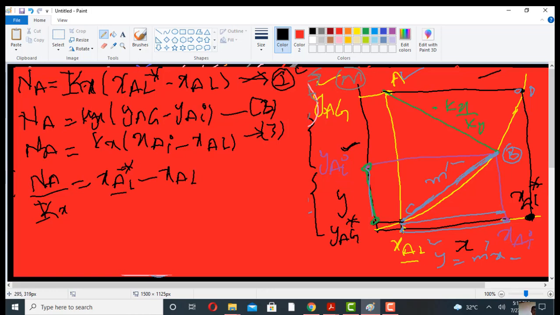So now this XaL at the equilibrium minus XaL will be equal to XaL star minus XaL, which will be equal to XaL star minus XaI plus XaI minus XaL.